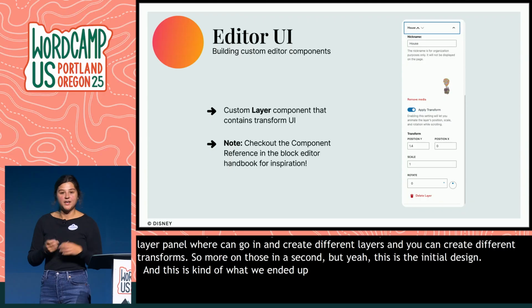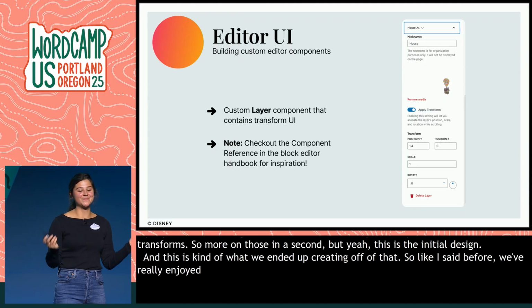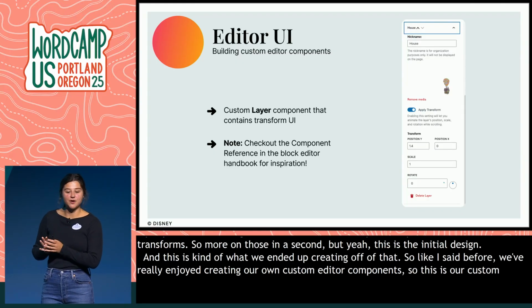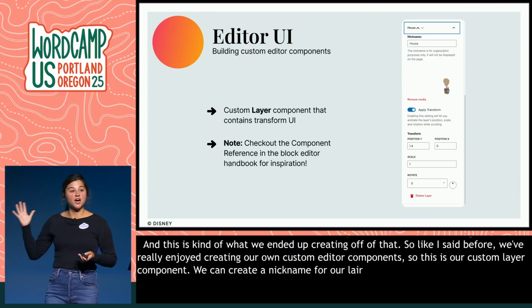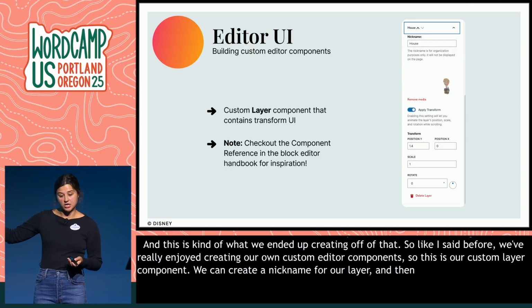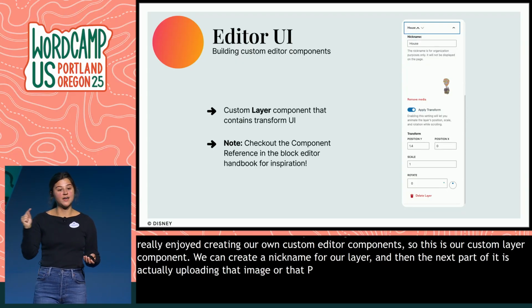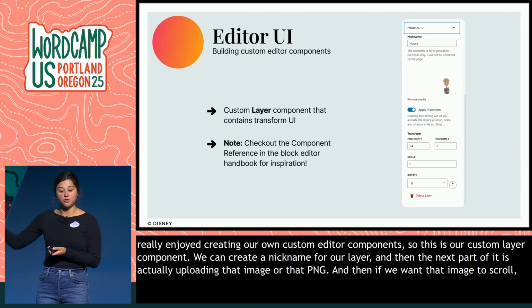Like I said before, we really enjoy creating our own custom editor components. So this is our custom layer component. We can create a nickname for our layer, and then the next part is uploading that image or that PNG. If we want that image to move on scroll, we toggle on that apply transform setting, and that will reveal this panel of transforms.